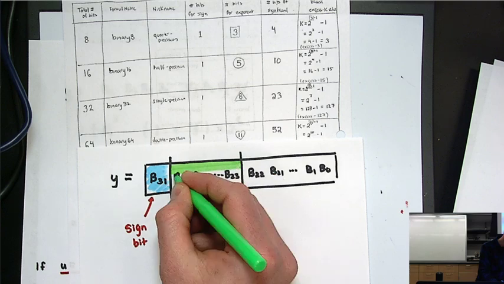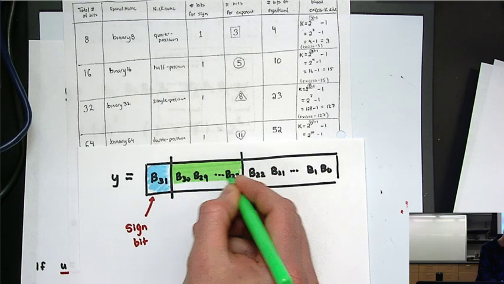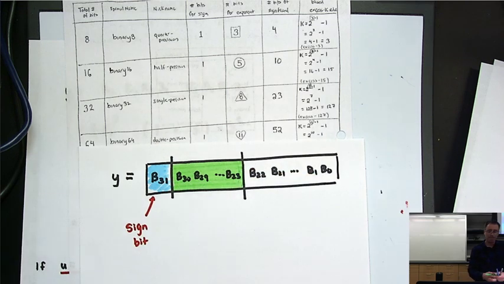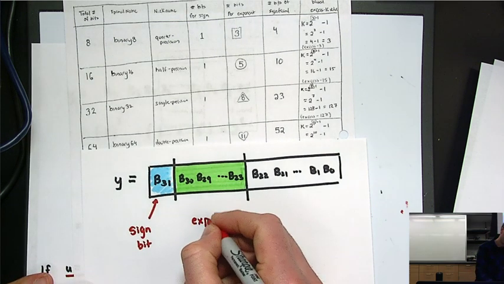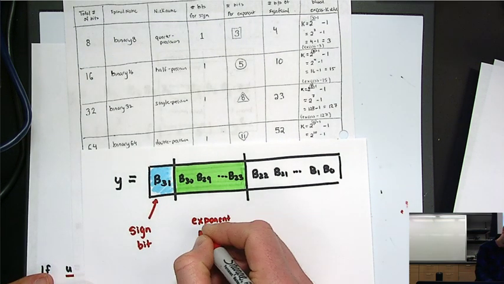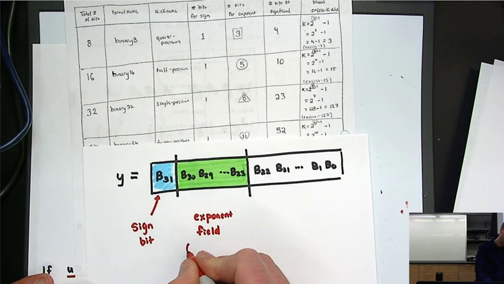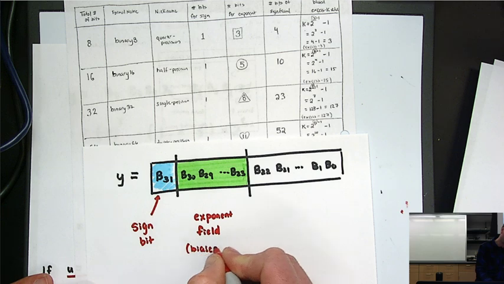How about this? What's that? And we're going to call this biased K. What is the K value here?